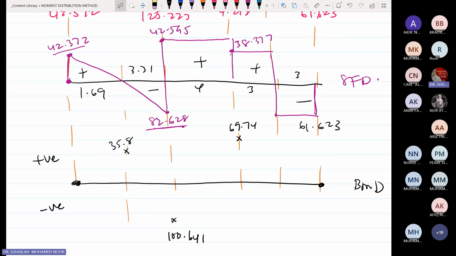Okay, plus. Sebab next is plus lagi kan? Plus lagi. So you have to plus 69.74 plus 38.377 times 3.